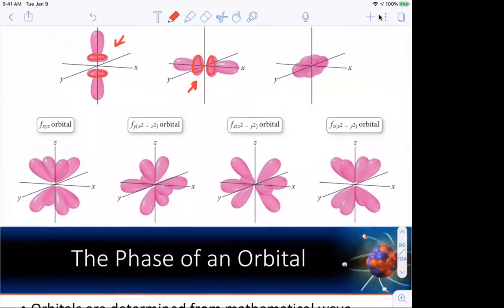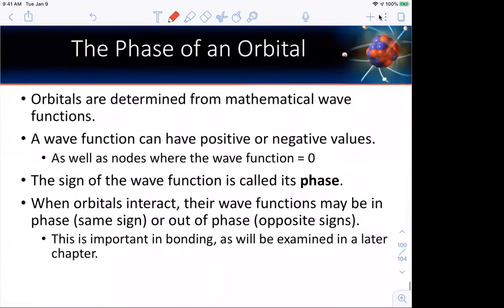So you should know the shapes of all of those different orbitals. And if I give you a picture of one on a test, you should be able to tell me if I'm giving you a picture of an S, a P, a D, or an F orbital.